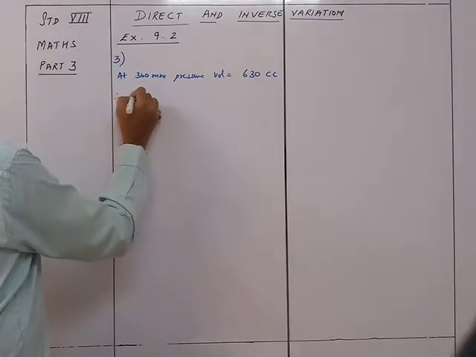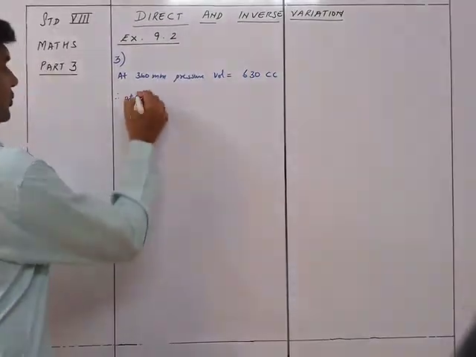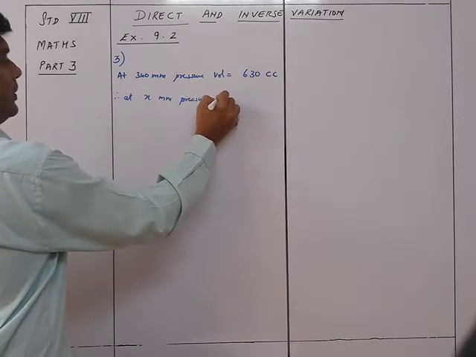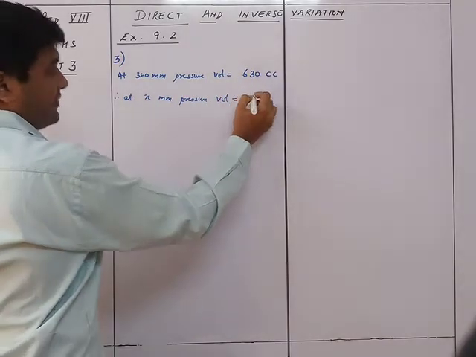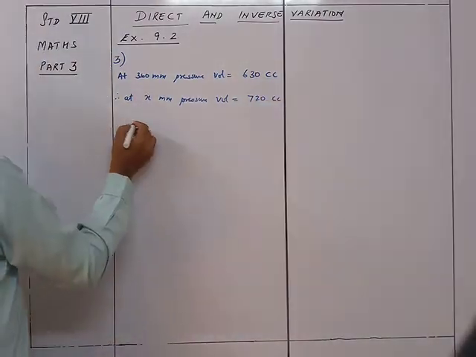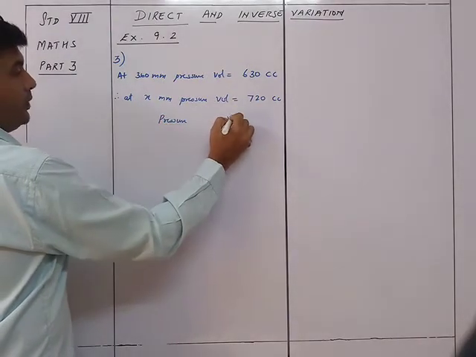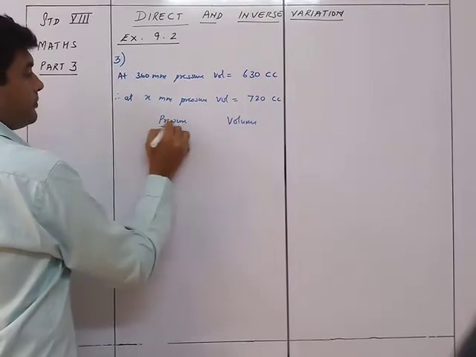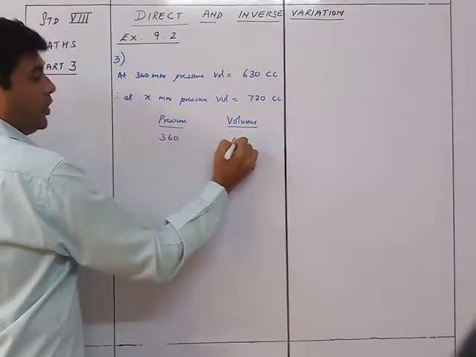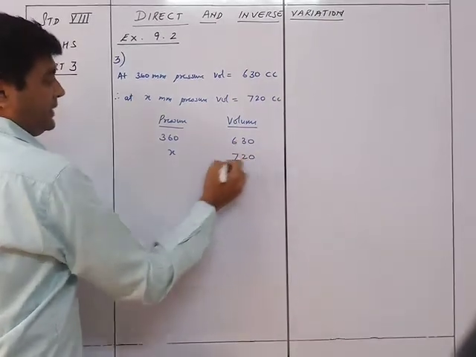Therefore, at x mm pressure, volume is equal to 720 cc. So we have pressure and volume: pressure is 360, volume is 630, pressure is x, volume is 720.